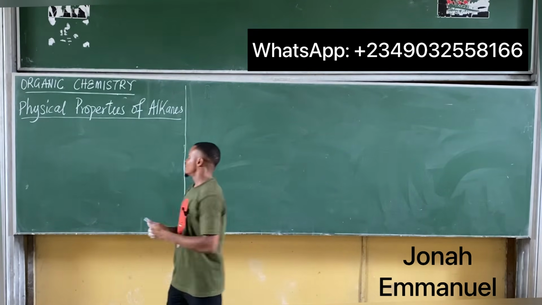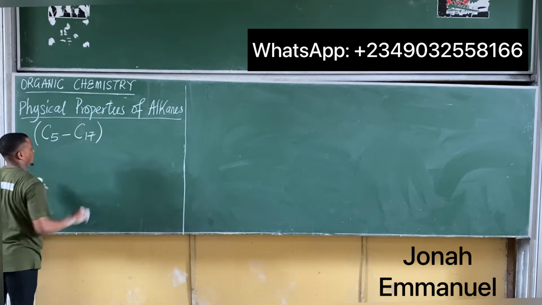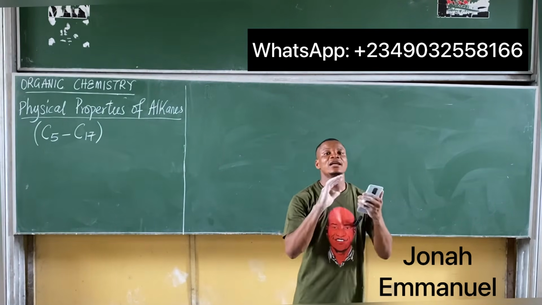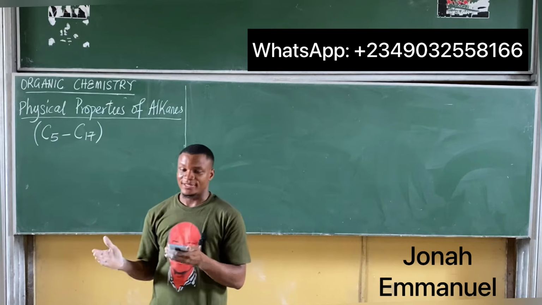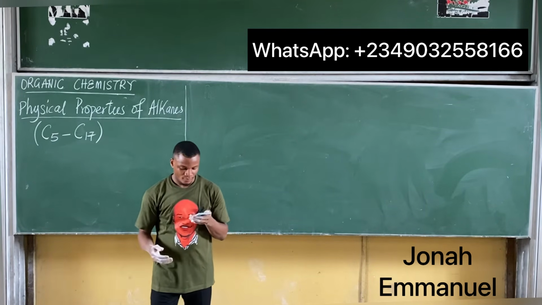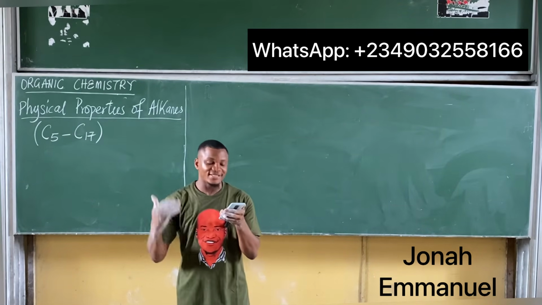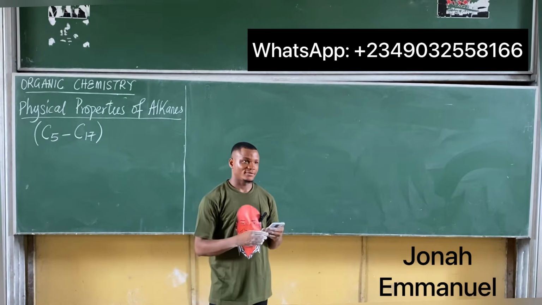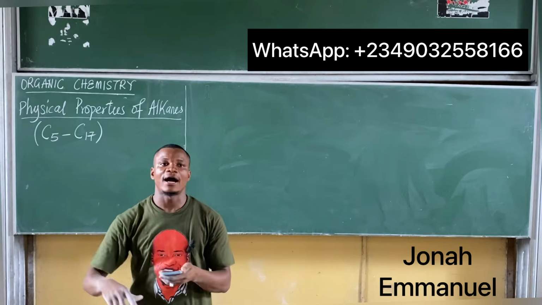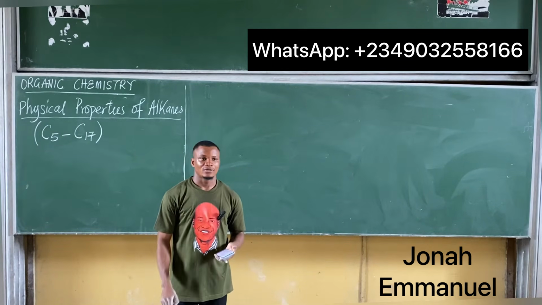The next 13, from C5 to C17, are liquids. And those containing 18 carbons and more are solids.